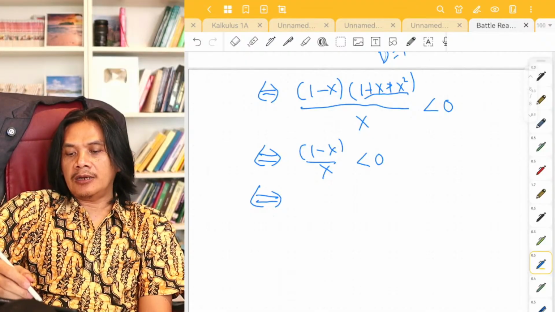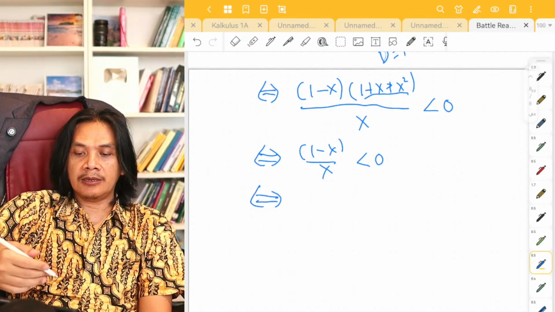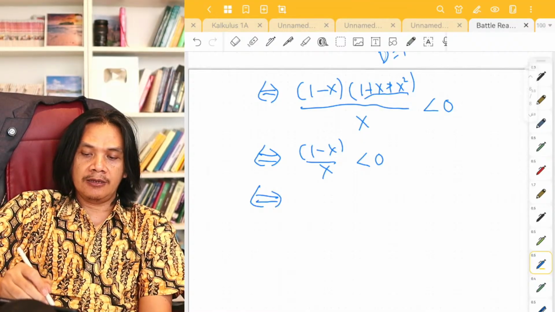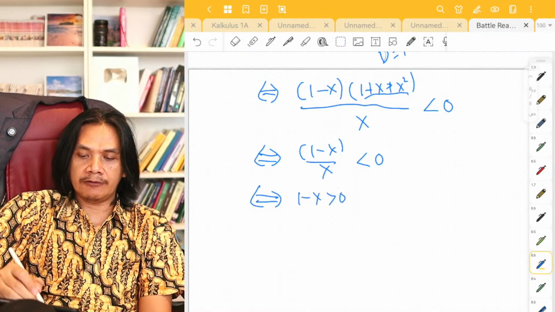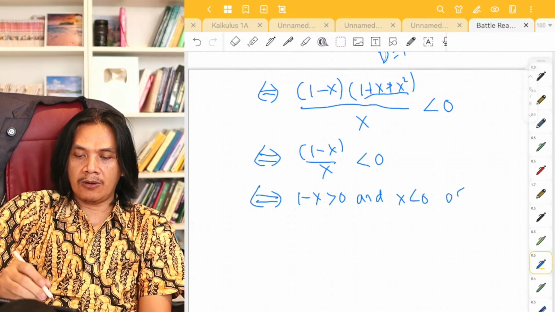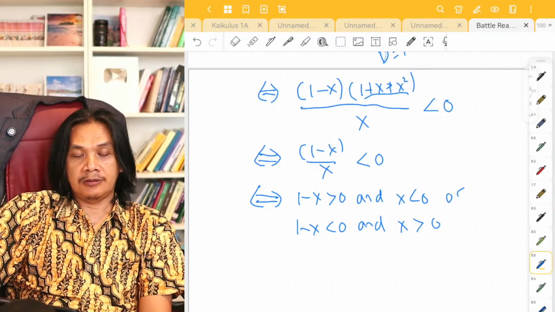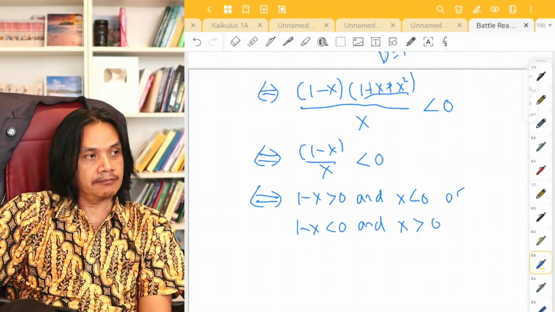Then in order for this division to be negative, they just need to be of different sign. So 1 minus x positive and x is negative, or 1 minus x is negative and x is positive. Right? I mean, wait. Oh, never mind.